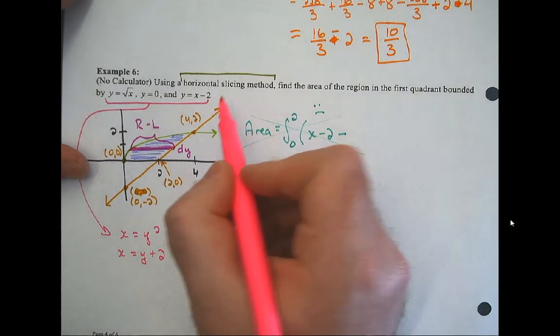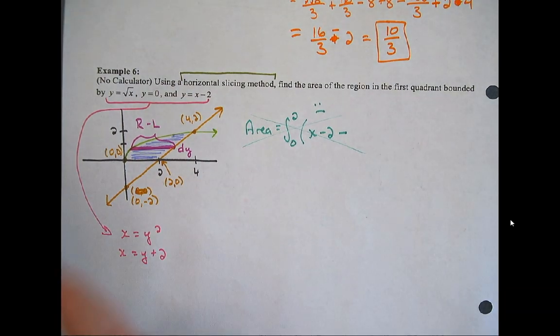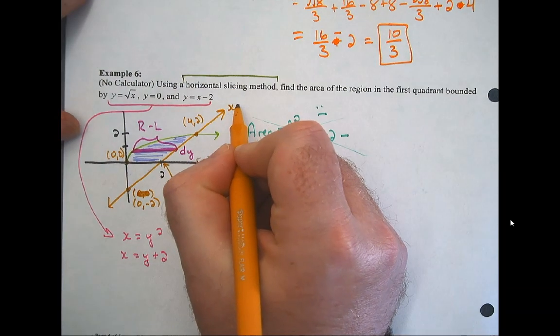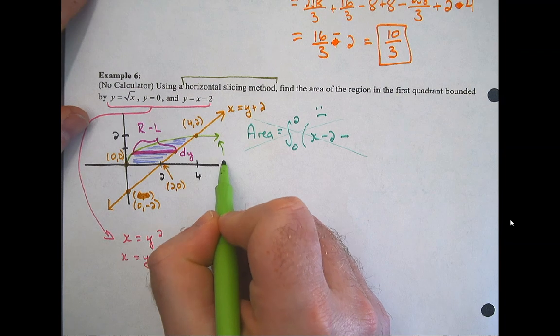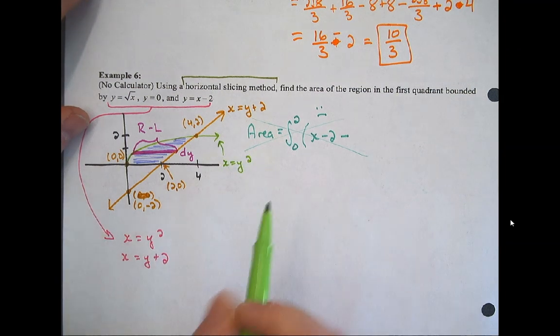So now this yellow graph is really the graph x equals y plus 2, and the green graph is x equals y squared.